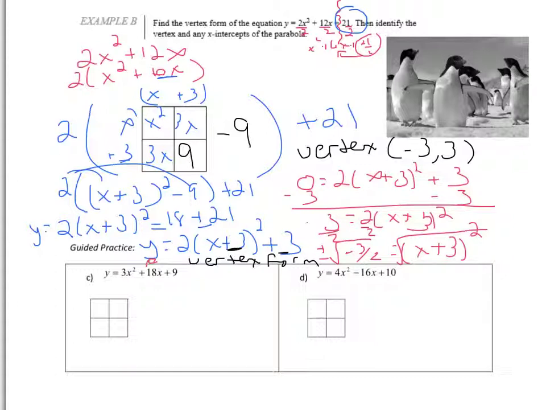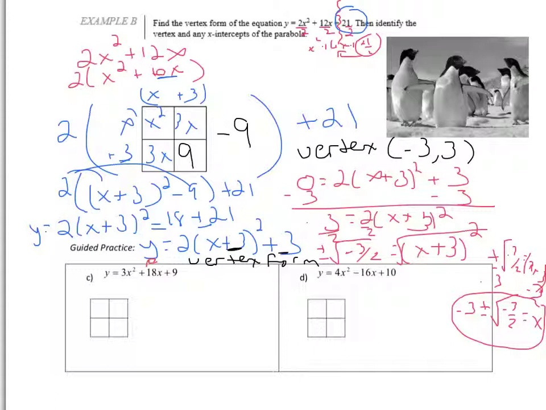And I get positive or negative square root of negative 3 over 2 equals x plus 3. And then I need to subtract 3 from both sides. So my answer is negative 3 plus or minus the square root of negative 3 over 2 equals x. And those are my solutions, or my x-intercepts.